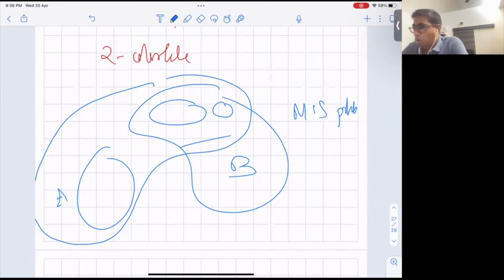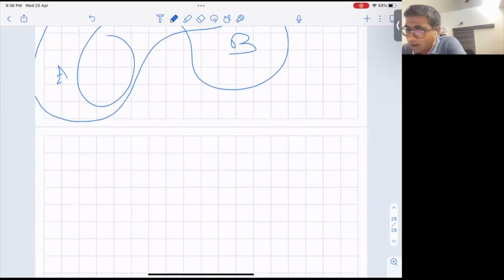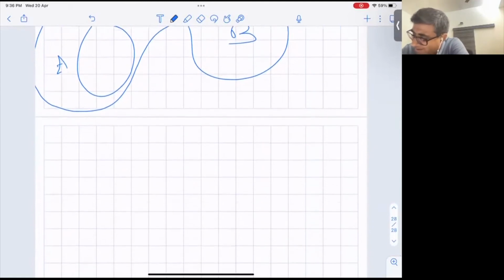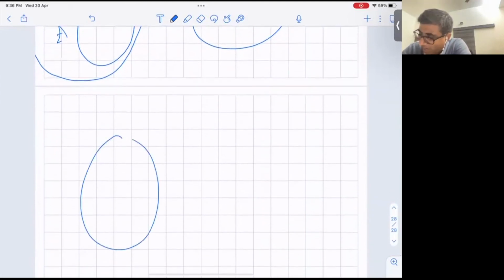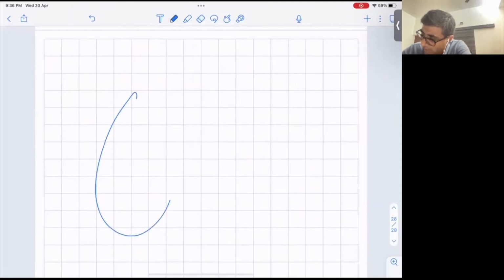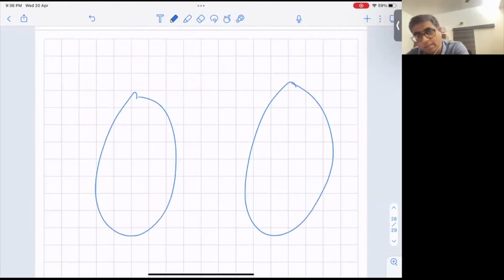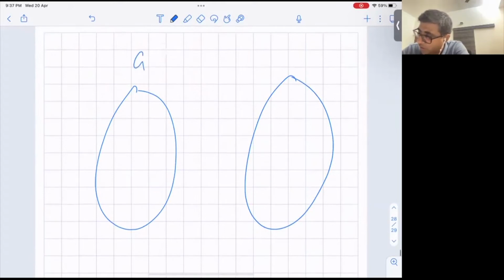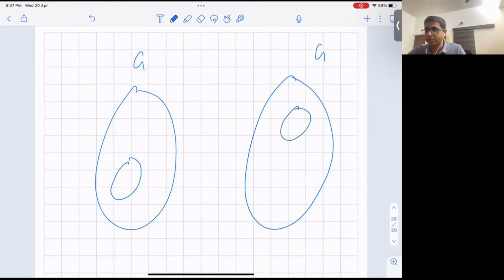So ideally, can I come up with a graph with the following property? Somehow I want to have two graphs. Imagine I take two copies of the same graph G. I want to find an independent set here and an independent set here, with the property that they should not intersect.